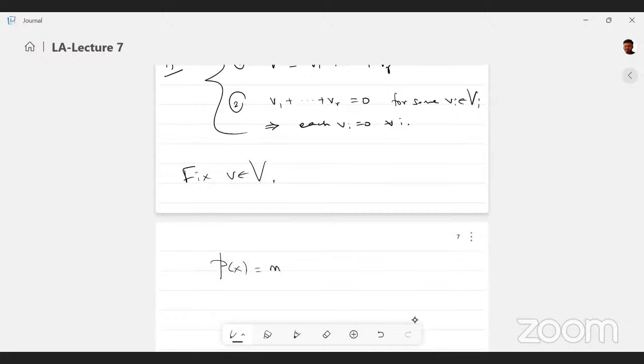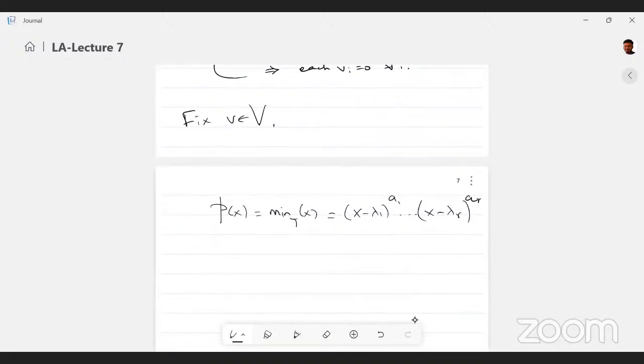Some books write it as minimum of x t. So it is the minimal polynomial. This is given to be x minus lambda 1 power a1, etc., x minus lambda r power ar. So this is something given. Now let's use this information to write v as a sum of vi's.